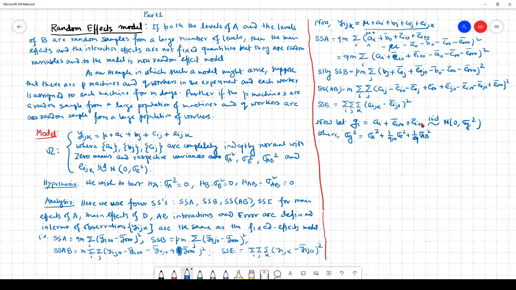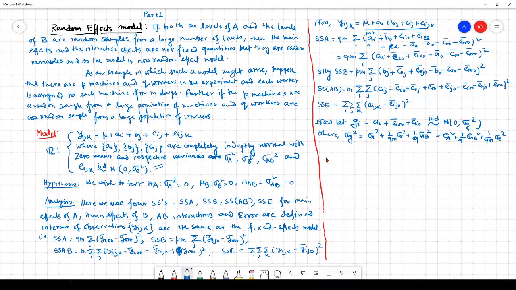Ci naught bar is nothing but 1 by Q sum over j from 1 to Q of Cij. So it should be 1 by Q sigma AB square. Since these are independent from these assumptions, the covariance part should be 0. So I rewrite this once again: sigma A square plus 1 by Q sigma AB square plus 1 by Qm sigma E square.